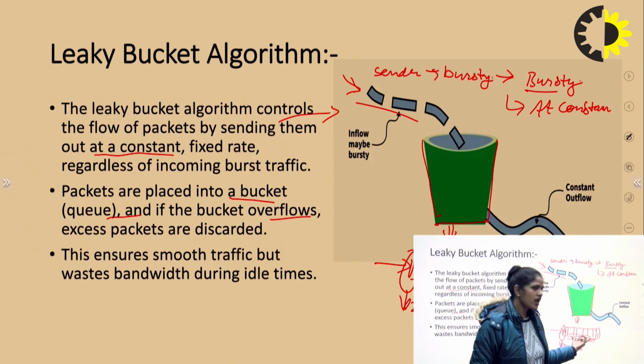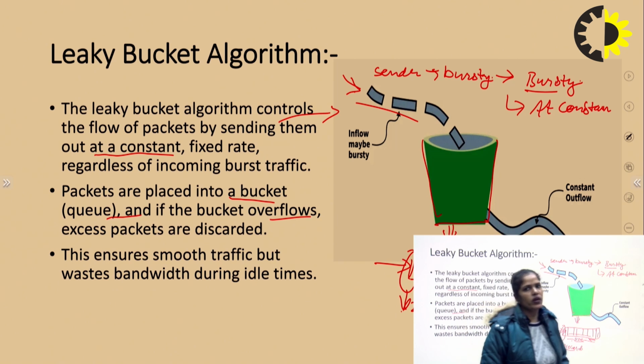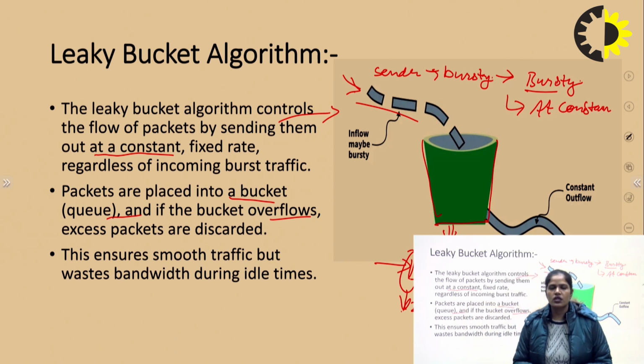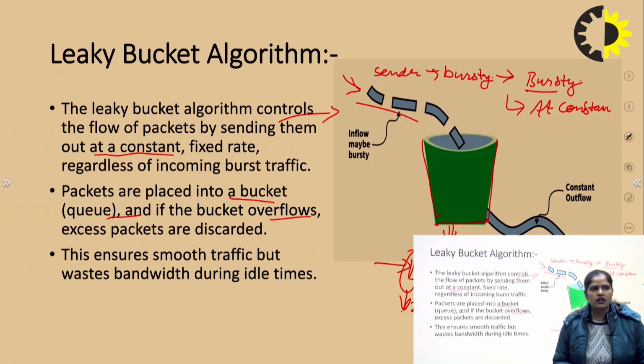Because here we have a queue and this queue has some fixed size, and whenever this fixed size is filled by the packets, or let's say some other packets are incoming from the sender side, they will be discarded because there is not enough space to store those packets.